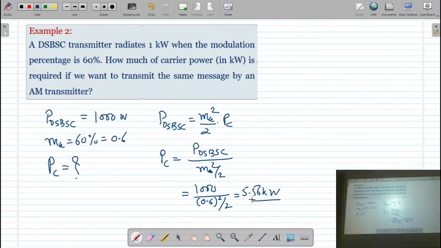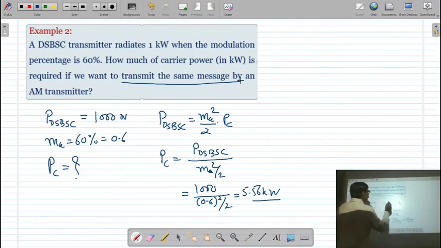So try to understand that if you want to use a simple technique, then the required carrier power is 5.56 kilowatt. While in case of the DSBSC, only 1 kilowatt power is required, if you want to transmit the same message by an AM transmitter. So this one change in the power, or the saving in the power, is there.